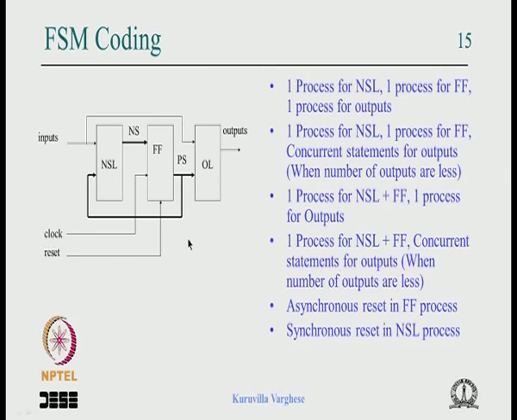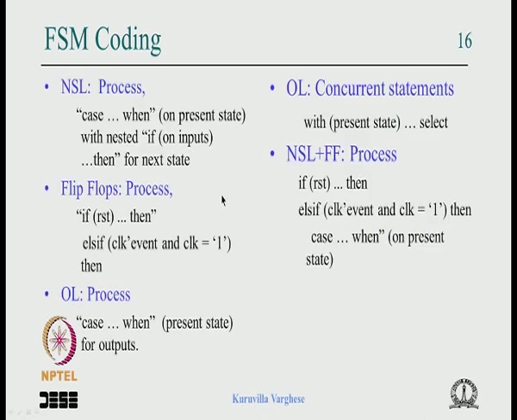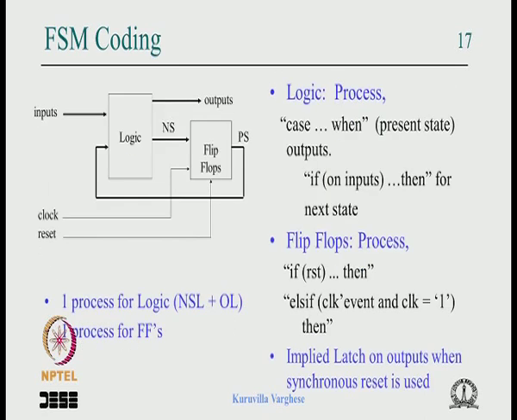Now we have seen a 2 block view of the FSM, wherein the output logic and the next state logic receive the same kind of inputs, that is the present state and the input. So why not combine this and show the output as if from here, and call this logic, which comprises next state logic and output logic. If you do that, then we have a logic section comprising next state logic and output logic, and the flip flop.